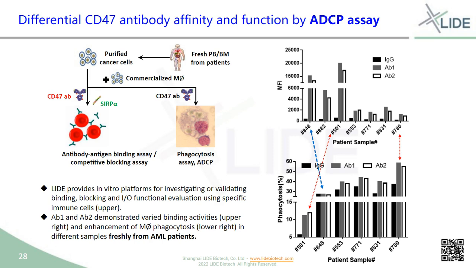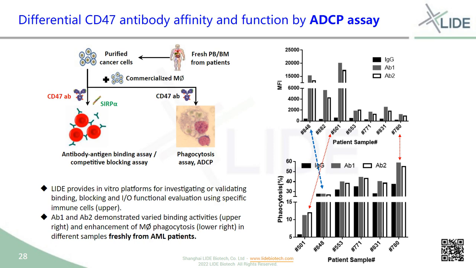Parallel to the in vivo anti-CD40 function study, we also ran some in vitro antibody-dependent cellular phagocytosis, ADCP, assays, which indicate that different anti-CD40 antibodies showed various cellular phagocytosis effects towards different human samples.